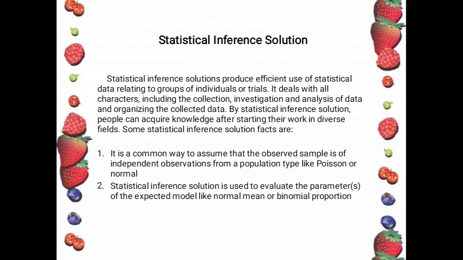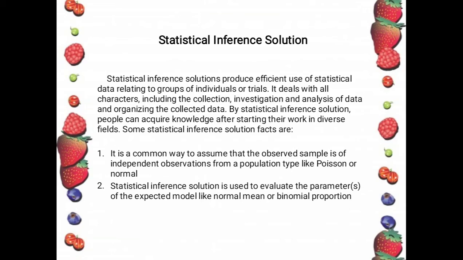Some statistical inference solution facts are, number one, it is a common way to assume that the observed sample is of independent observations from a population type like Bayesian or normal. The second one, statistical inference solution is used to evaluate the parameters of the expected model like normal mean or binomial proportion.